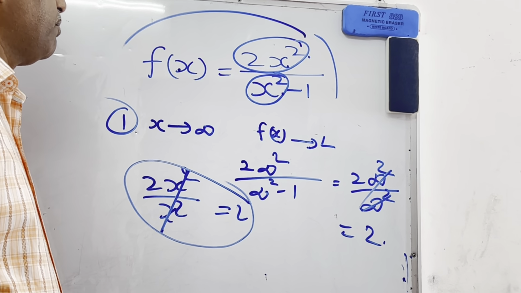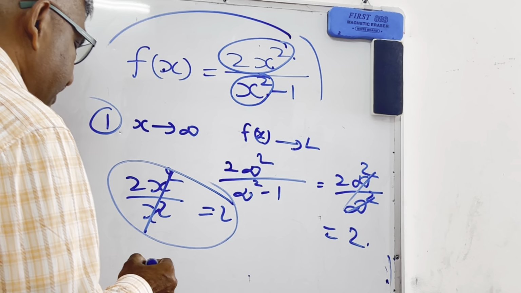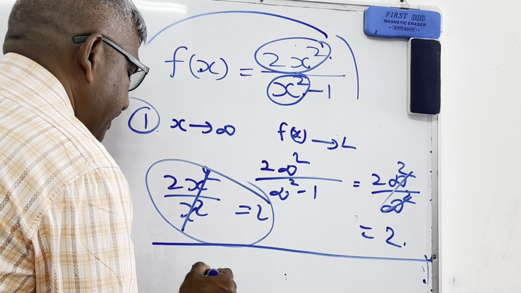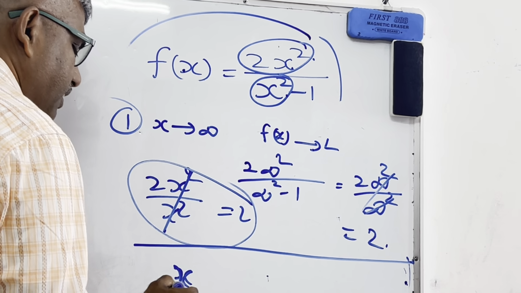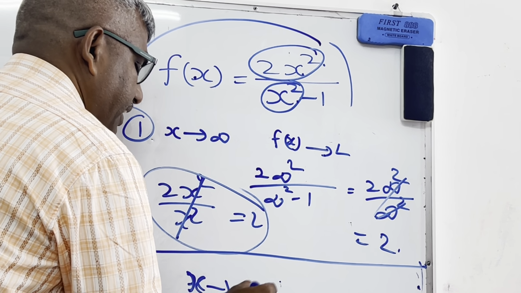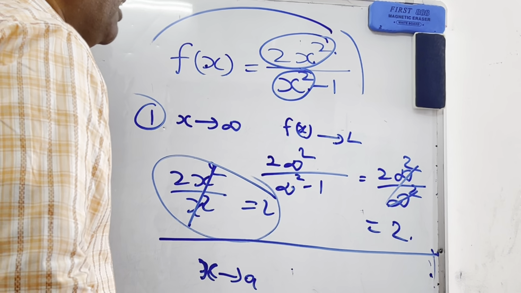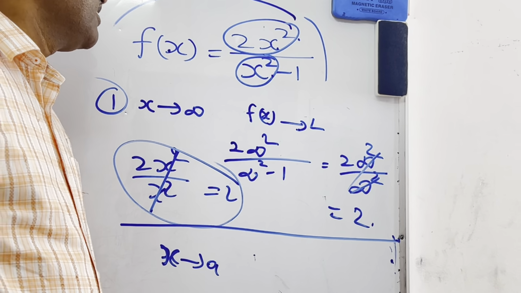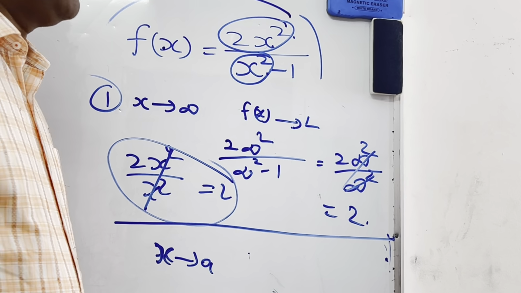What is vertical asymptote? When x is approaching a from the left or right, and f of x is going to infinity, then it is a vertical asymptote.